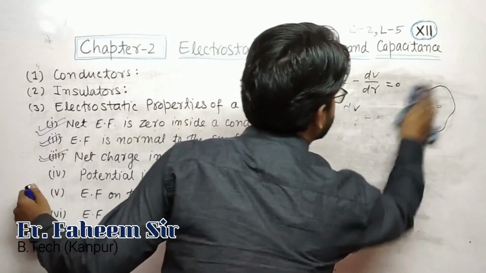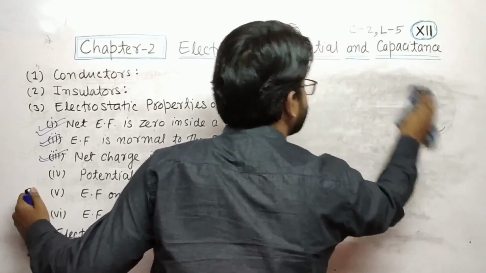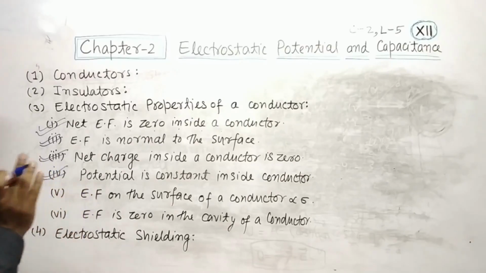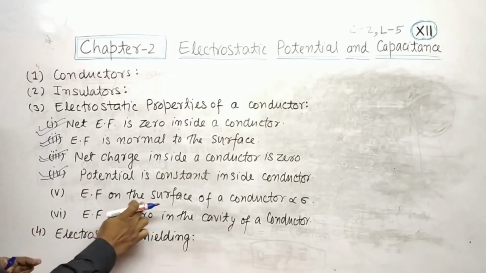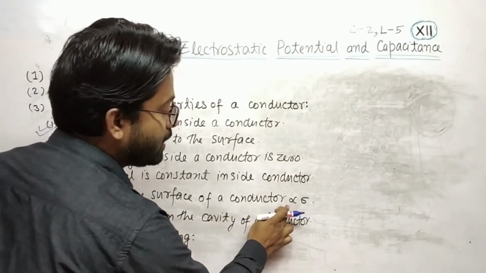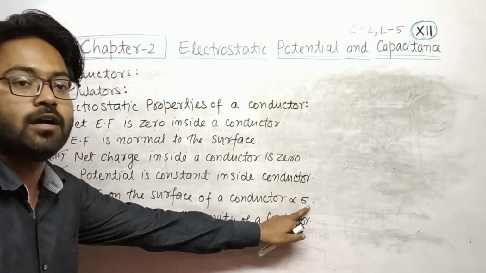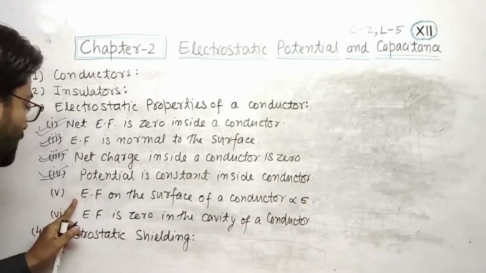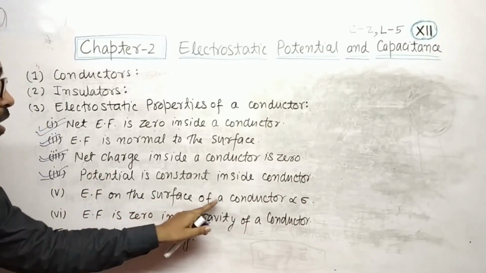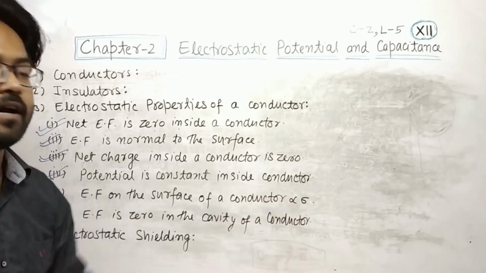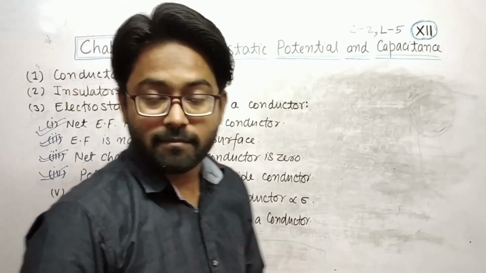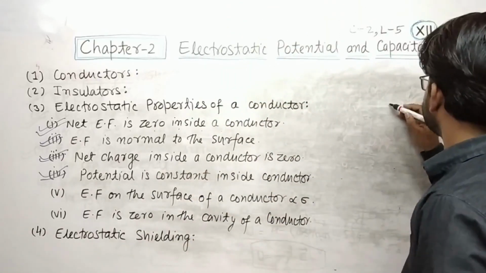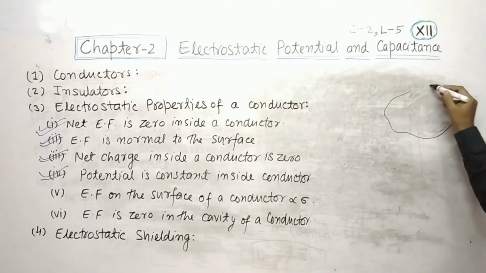Next point is that electric field on the surface of a conductor is directly proportional to the surface charge density, that is sigma. Let us suppose this is a conductor.